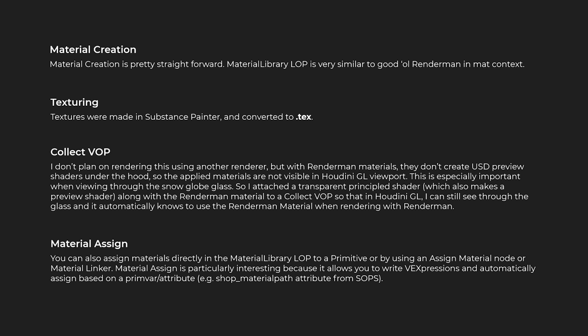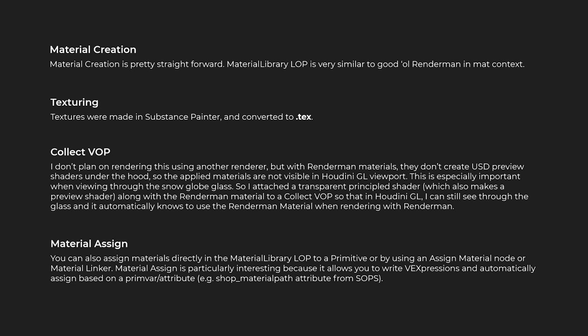And one of the uses I had for a different project is that I can type up some vex and read a primvar attribute from, let's say, a shop_material_path attribute from SOPs.